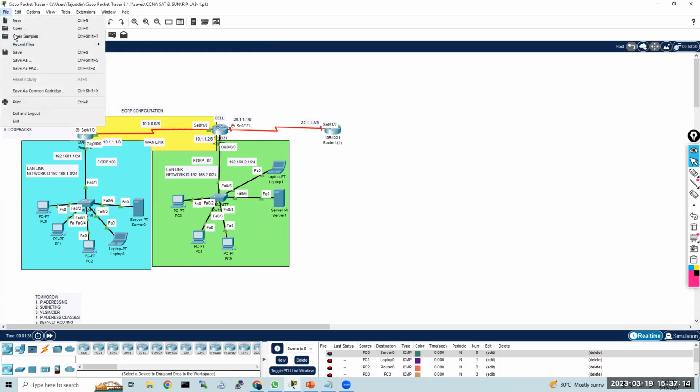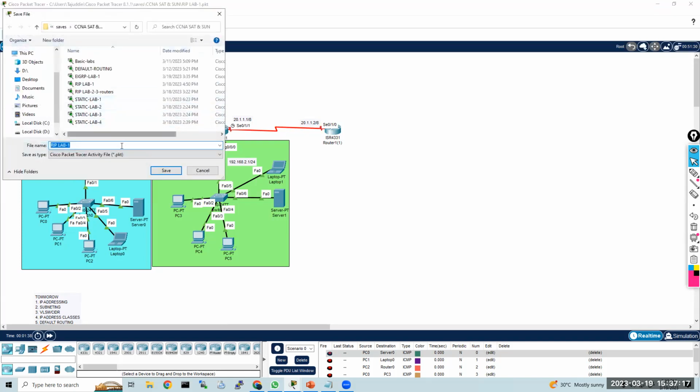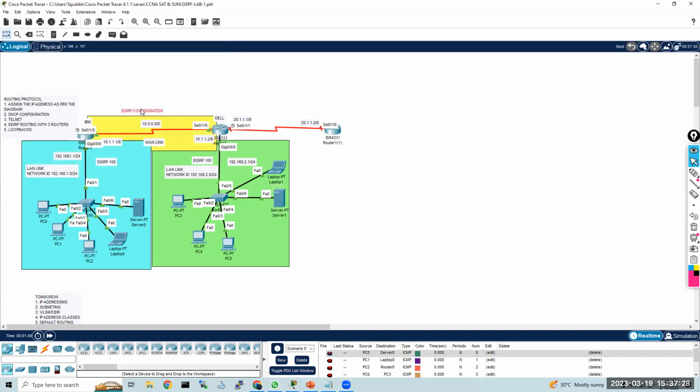Okay, so I will change this file name to OSPF lab 1. Here also I will change it to OSPF, and here also.